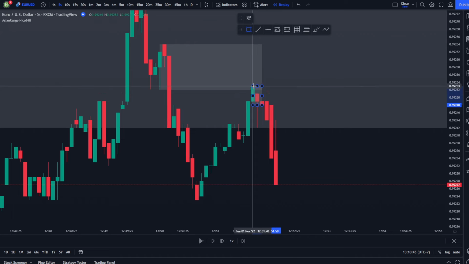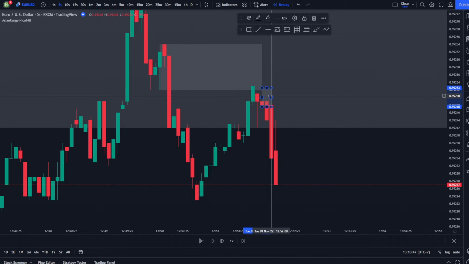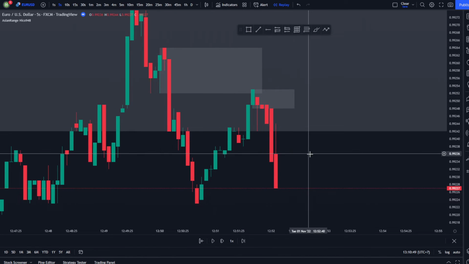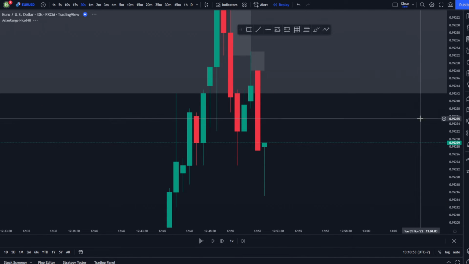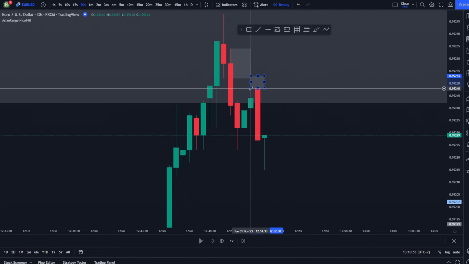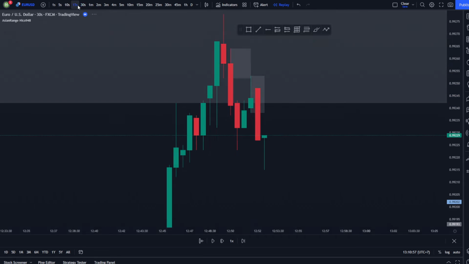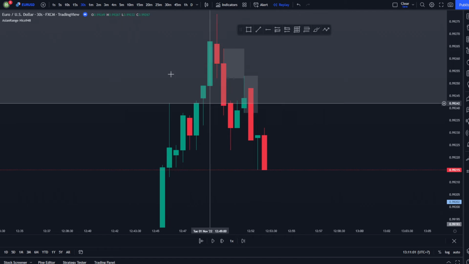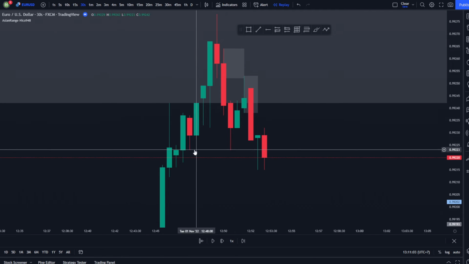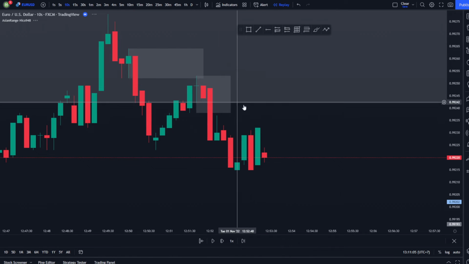So we have this one as a 5 second. Price breaks the low. We have a confliction. We have the 15 intent, a 30 intent here, and the 10 second to rules.